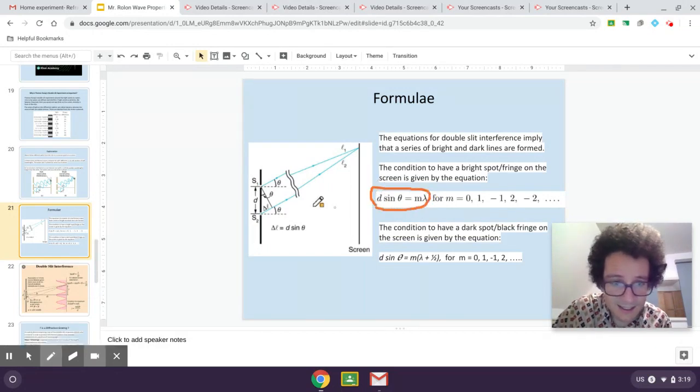Where d is the distance between the two little apertures, the little d.